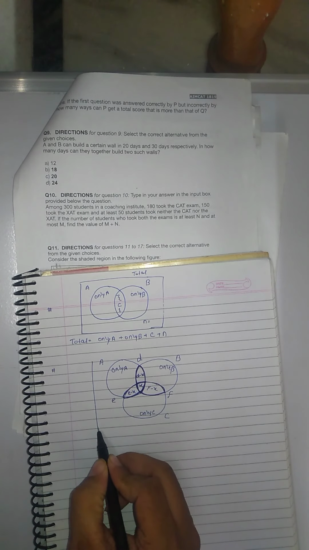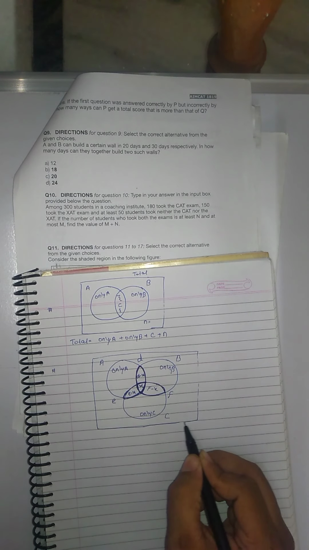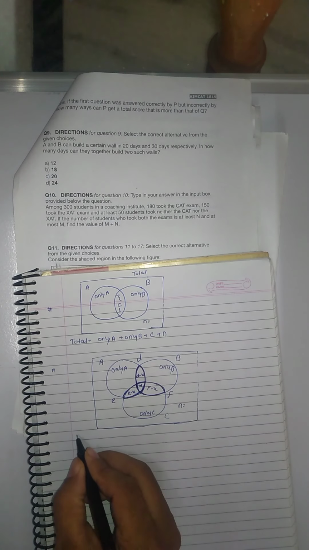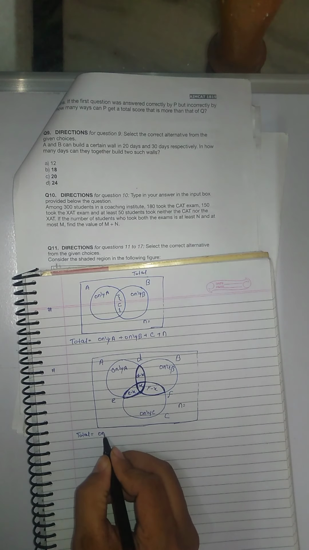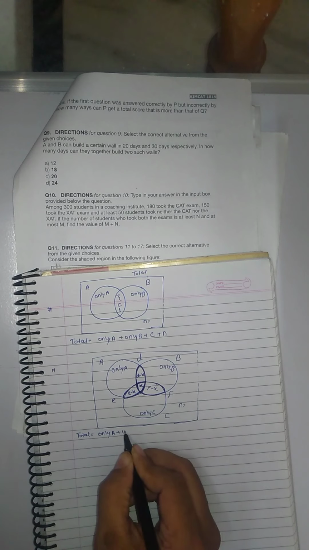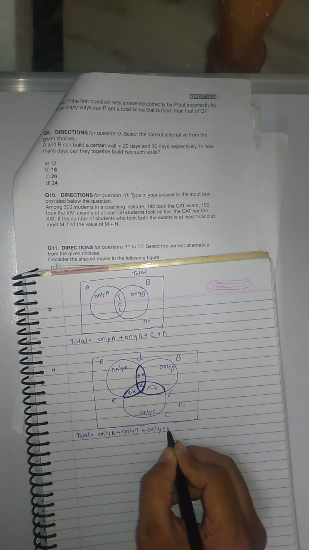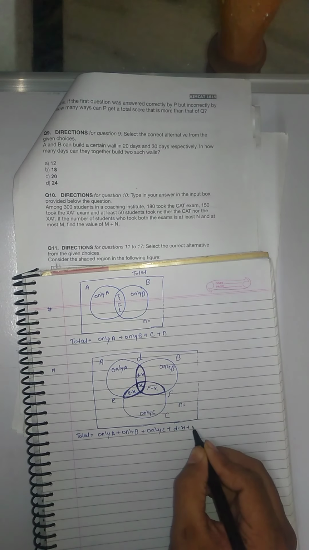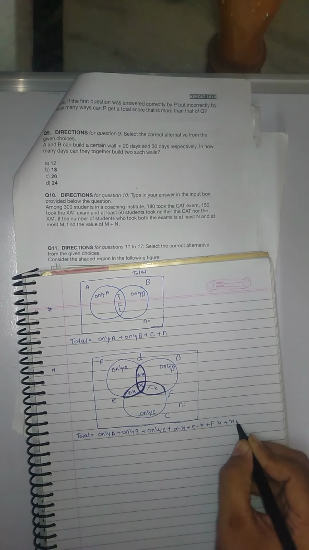And we bind them with a square. This is our none part, which is neither A nor B nor C. So the total in this 3 category Venn diagram is only A plus only B plus only C plus D minus X plus E minus X plus F minus X plus X plus the none part.